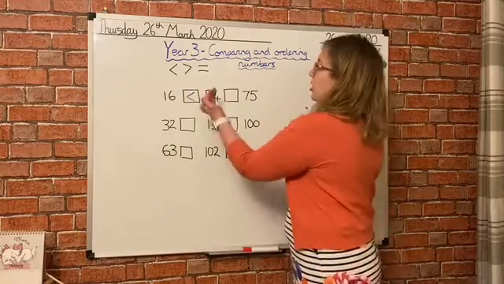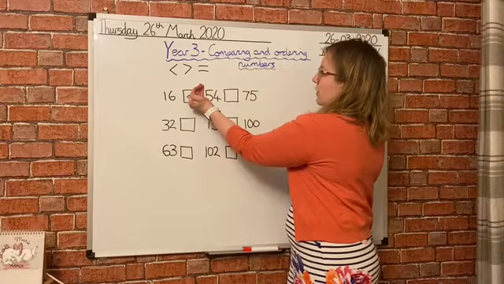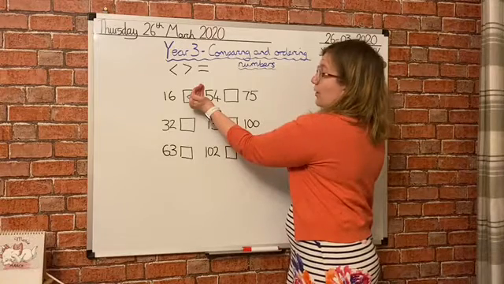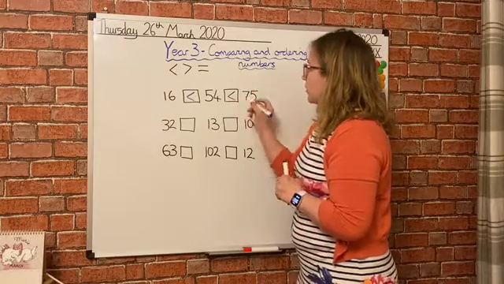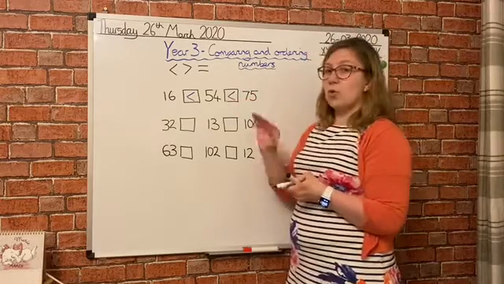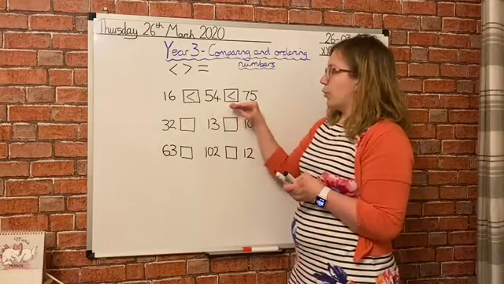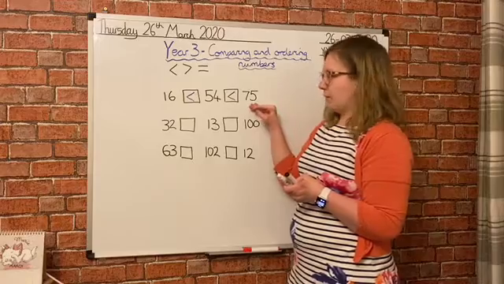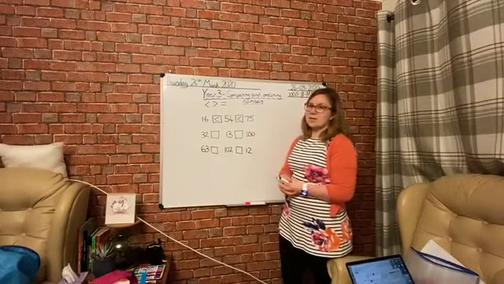I'm now going to look at the last 2 numbers, 54 and 75. 54 is smaller than 75. So altogether, 16 is smaller than 54, which is smaller than 75. Pause the video and have a go at the last 2 sequences.